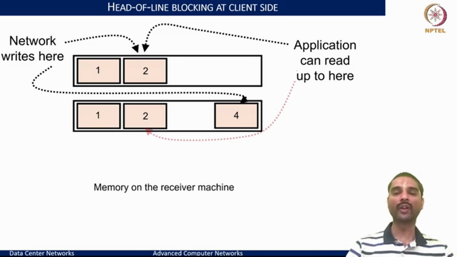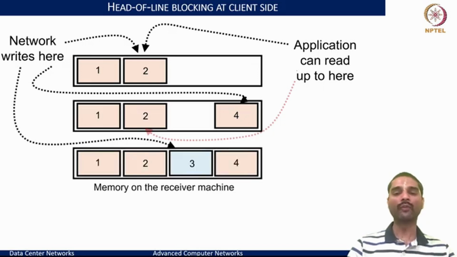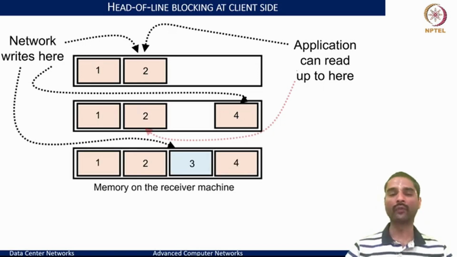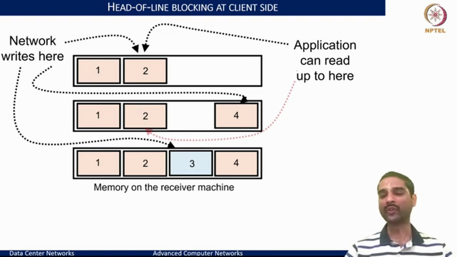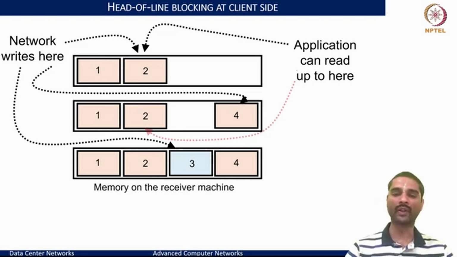This is a genuine case if packet 3 also belongs to the same object. But what if packet 3 belongs to another kind of object, while packets 1, 2, and 4 are actually for one object and are in sequence? Now TCP cannot distinguish between the two, and it would just block, even if packet 4 were the next in sequence that you need after packet 2 for fetching object 1.